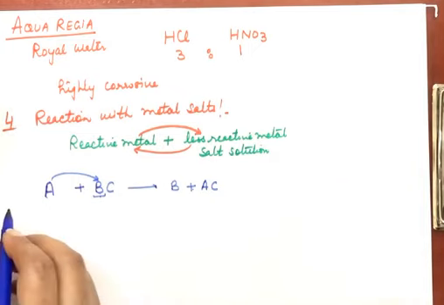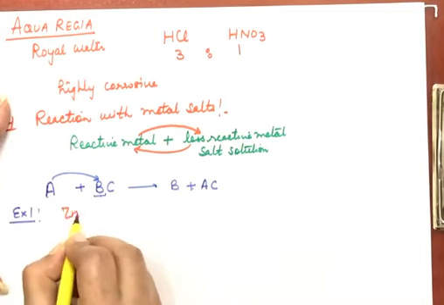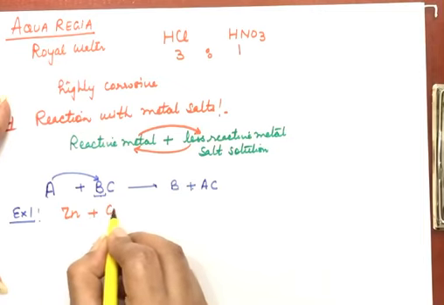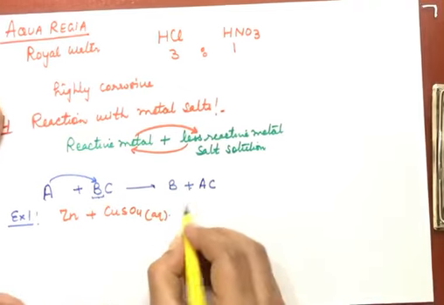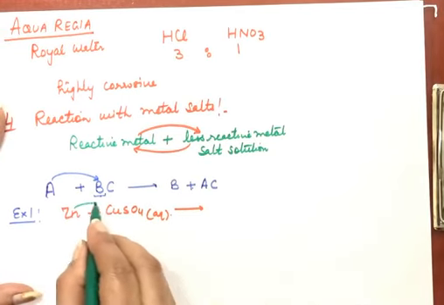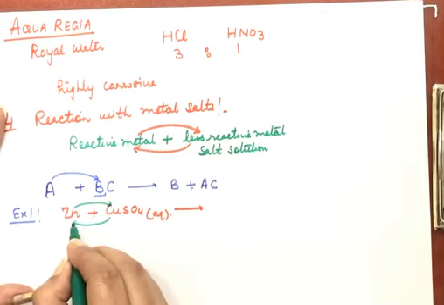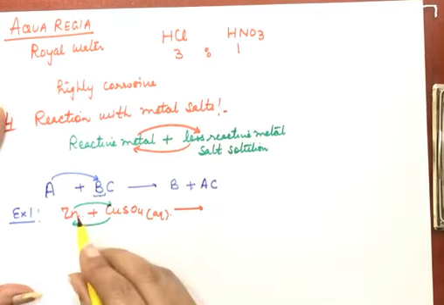To understand this, I'm taking one example. Let's say we take zinc and add this to copper sulfate solution. The reaction will take place because zinc is more reactive than copper, so it will displace it. So this becomes zinc sulfate, and zinc is replaced by copper.